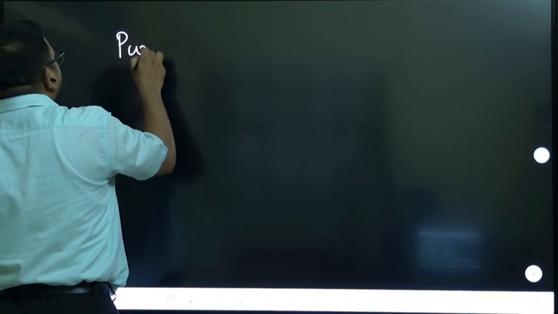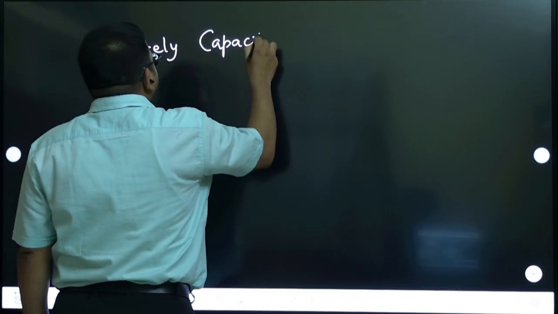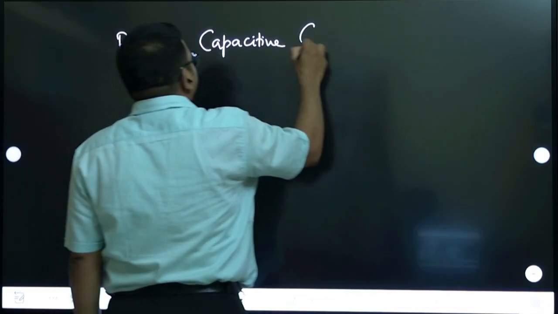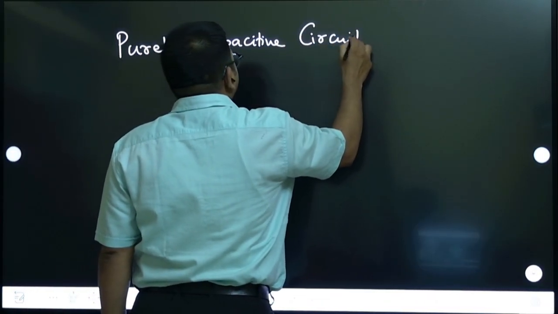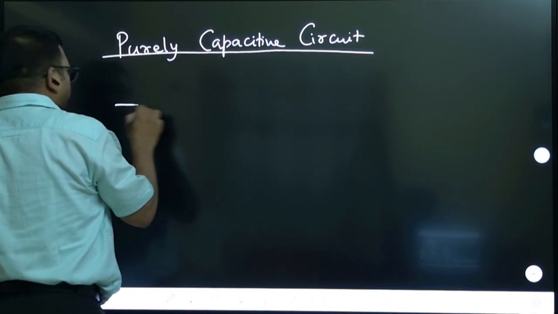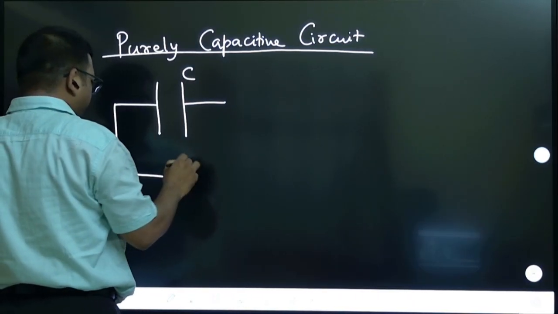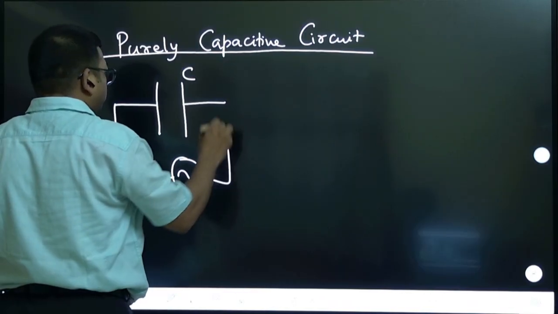Purely capacitive circuit. Okay, so there is a capacitor, capacitance C, connected with an AC source.